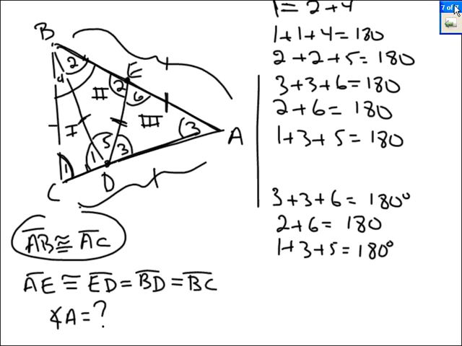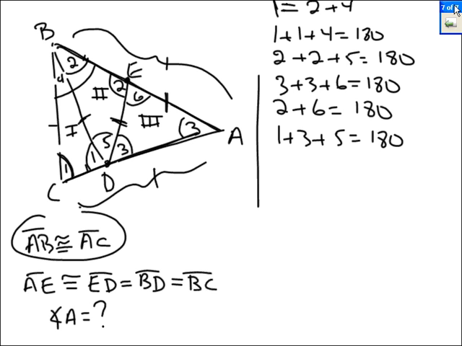And I guess one other one. The sum of the angles of the big triangle, ABC, is also 180. Angle A is 3, angle B is 2 plus 4, and angle C is 1. This is also 180 degrees.